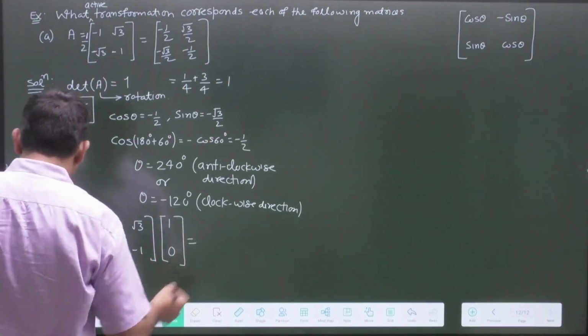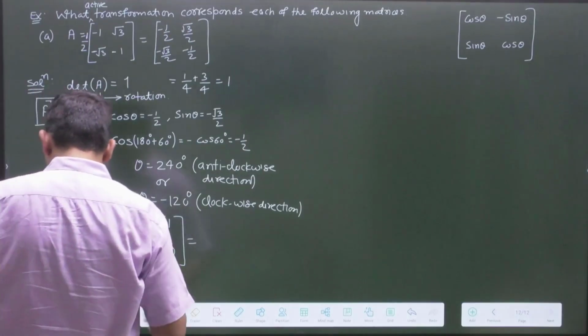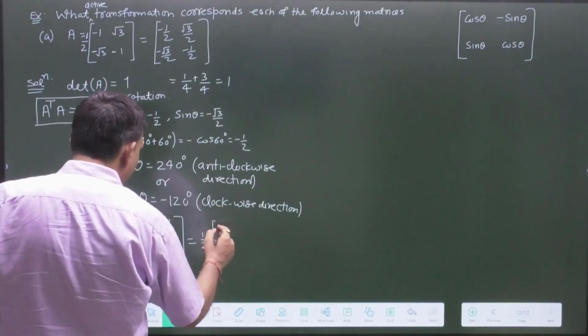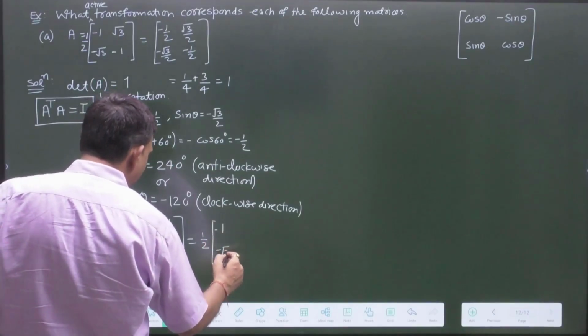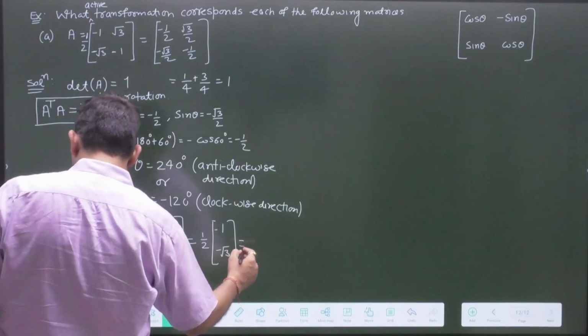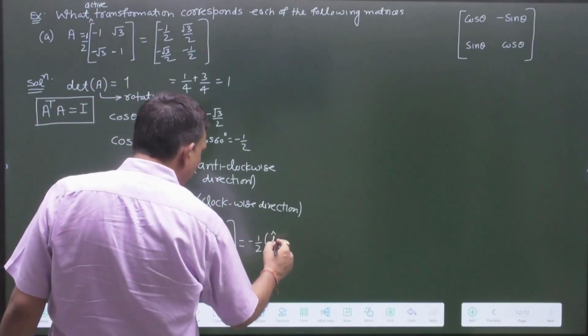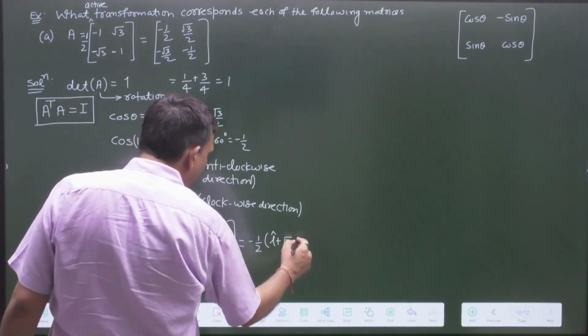Just check what vector you will get here. I think that will give you 1 by 2 times minus 1, minus under root 3, or this vector is given by minus 1 by 2 I cap plus under root 3 by 2 j cap.